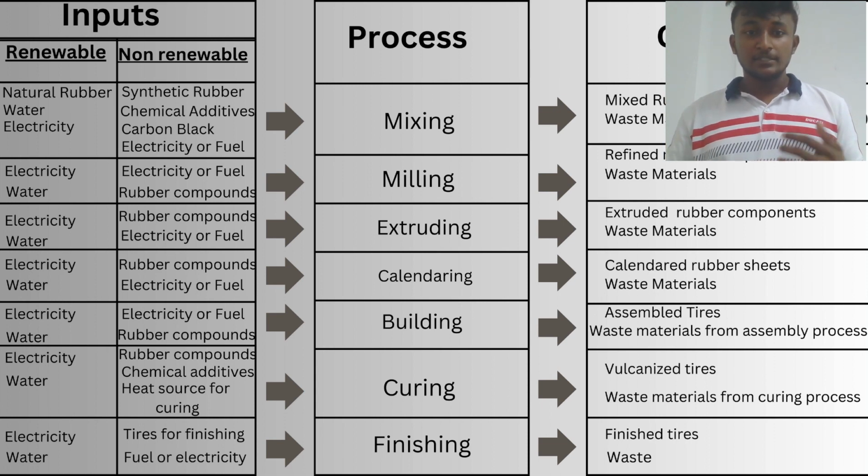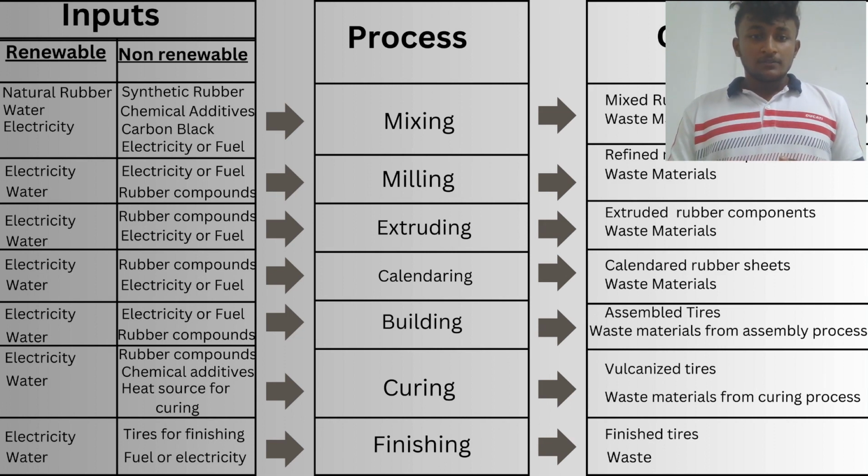Here, machinery is used in each manufacturing stage. Electricity is a major energy source used for the processes. For the mixing process, the natural rubber extracted from rubber trees, water and electricity are renewable sources.